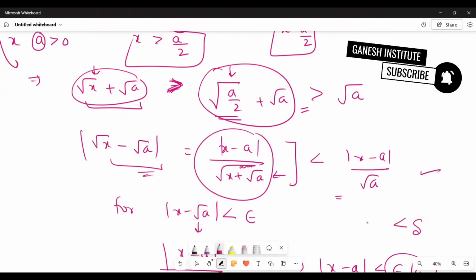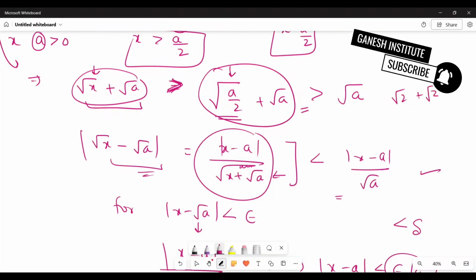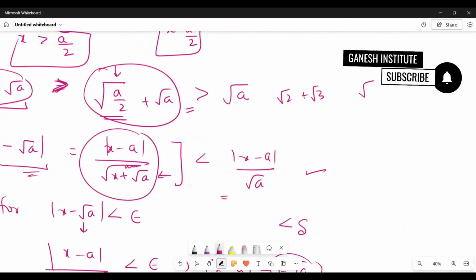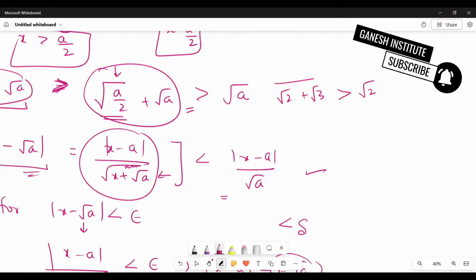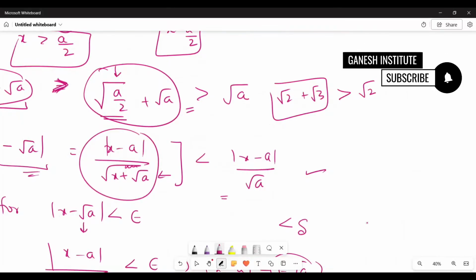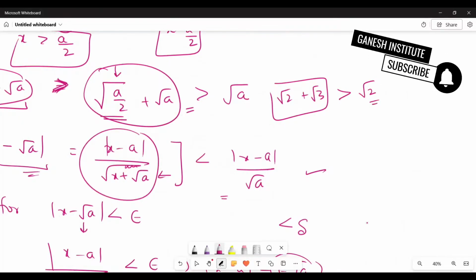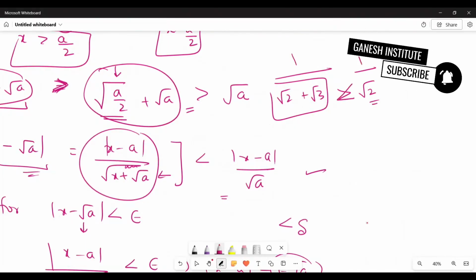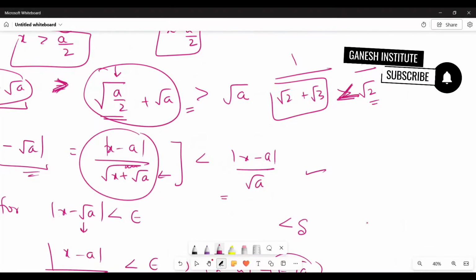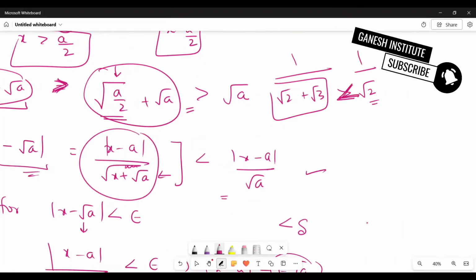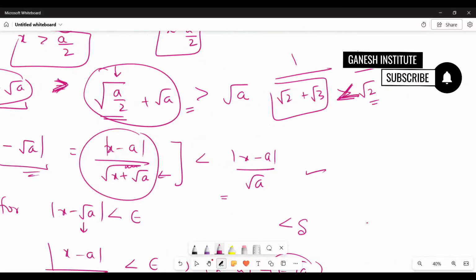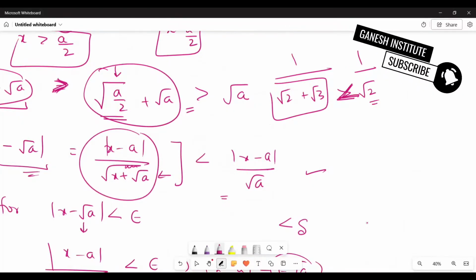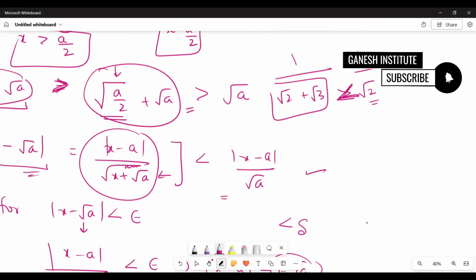So if you see, I have root 2 plus root 3, and here I have only root 2. So of course, this value is more than the right side value, right? And if I now change it to fraction form, then the sign will change, because if the denominator gets decreased, then the fraction increases.